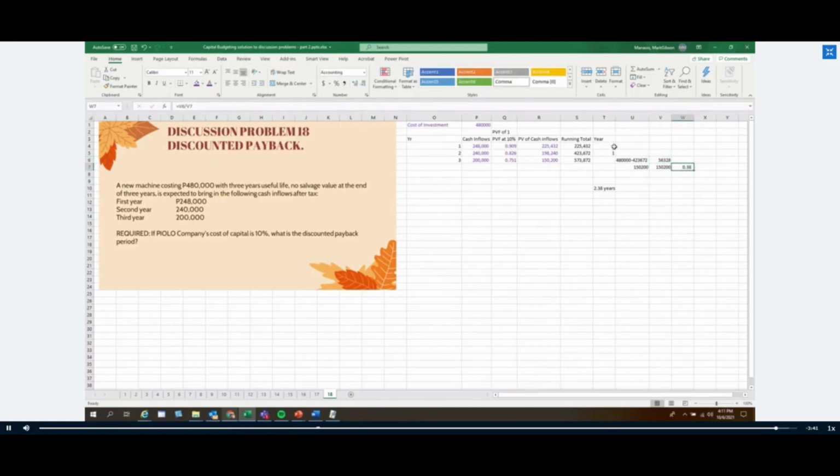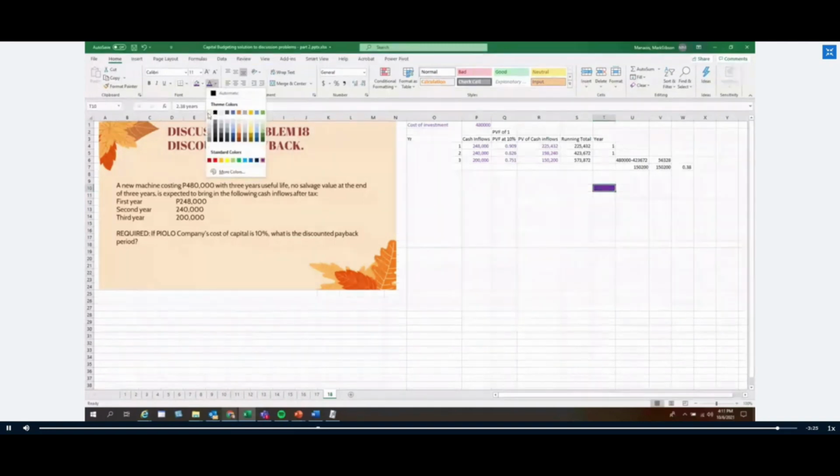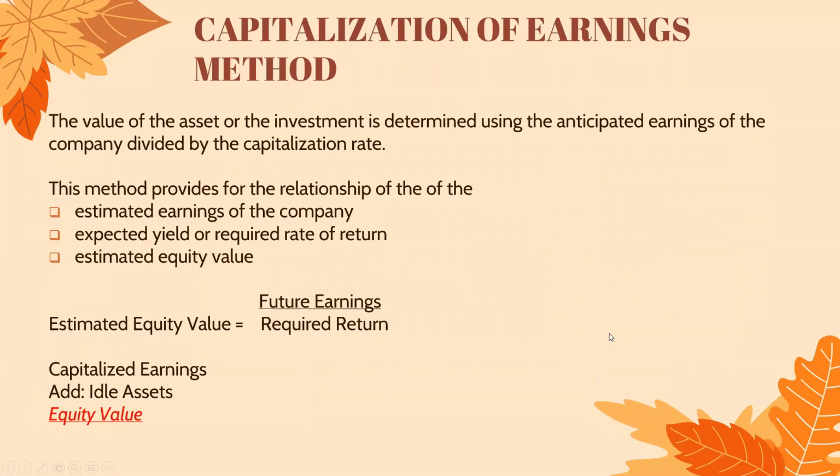So your discounted payback period is 2.38 years. So that's the answer to problem 18. Let's now go to the capitalization of earnings method.